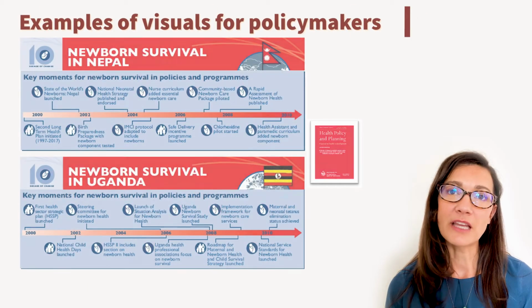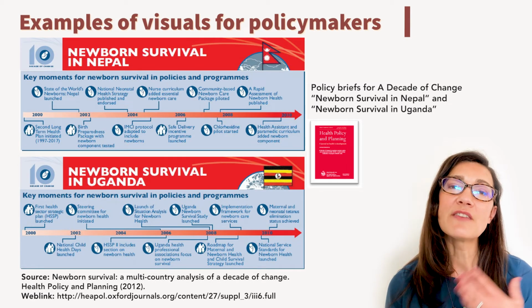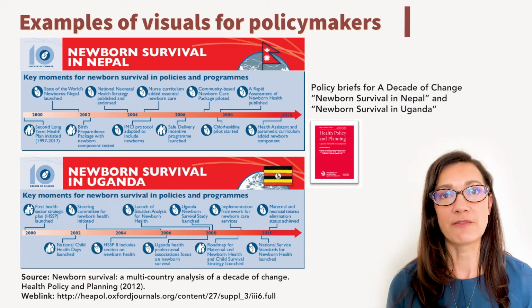The final example here is from Saving Newborn Lives program's country case studies on change in newborn survival, just to give another example of how to visualize the information. But of course, the policy and program timeline can go deeper than just creating a nice calendar of policies and events. It really can allow for understanding the health policy process and is a critical complement to any quantitative analyses looking at change over time.